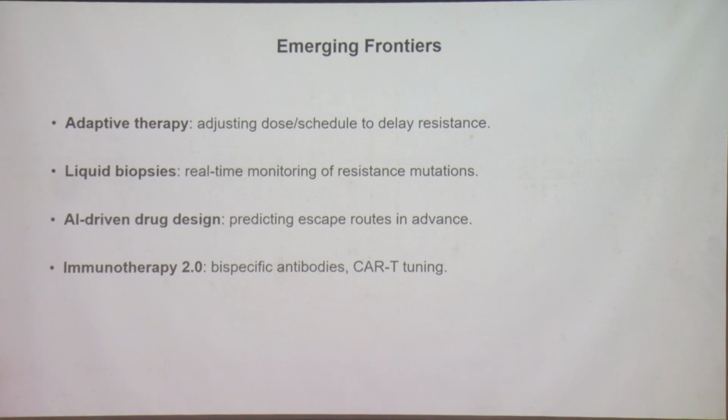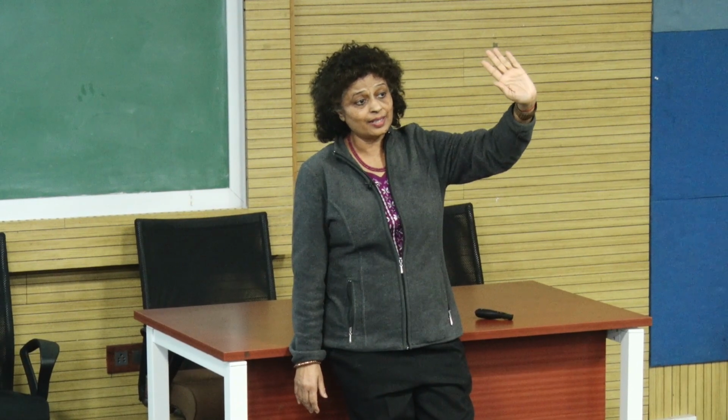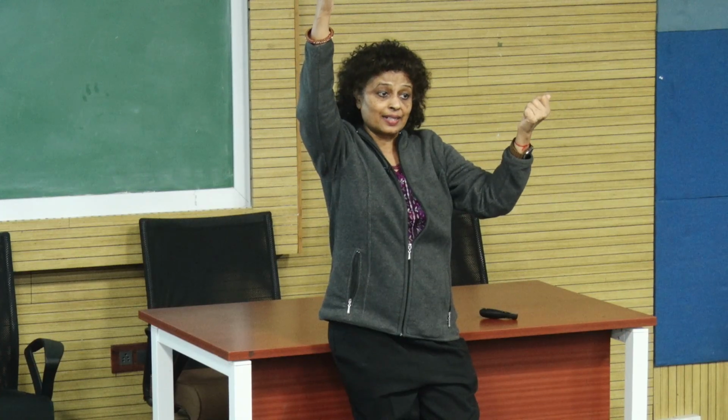AI can help. I was working on something, and then somebody told me that, yeah, this is very effective, but it is a very sad story that they are going to develop resistance towards your therapy too. So if you can proactively think about that, if I inhibit this, what kind of resistance mechanism can emerge, then you can proactively design that route.